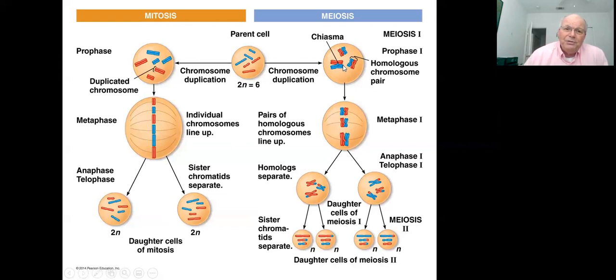But if you're comparing meiosis with mitosis to see the real differences, it's comparing meiosis 1 with mitosis. In mitosis, it's all about what the individual chromosomes do. In meiosis 1, it's all about what the pairs of chromosomes do. Of course, in meiosis 2, again, it's all about what the individual chromosomes do, because it looks just like mitosis.